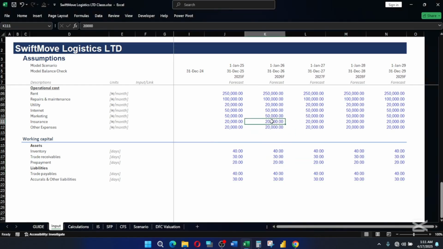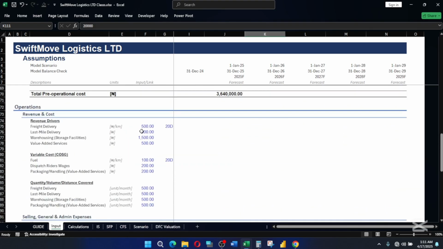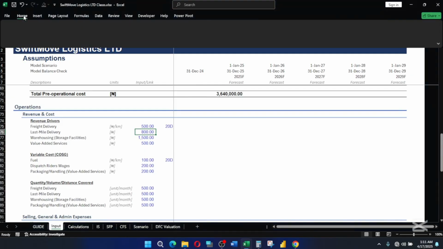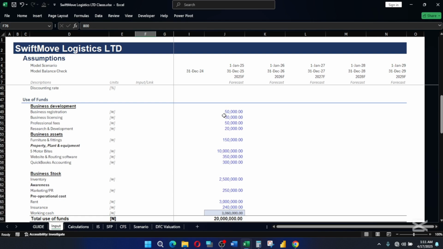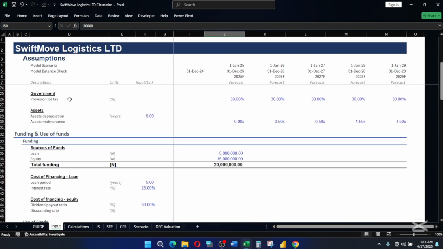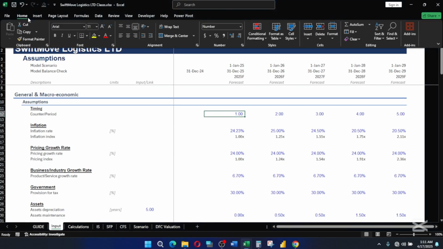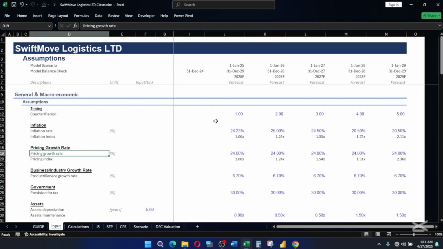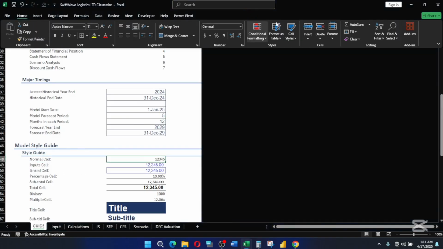Something is wrong here. I thought I had changed this. So let me change this font quickly. I don't like the way the font is looking.